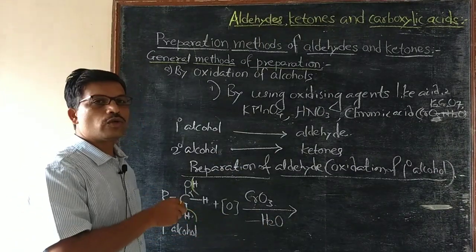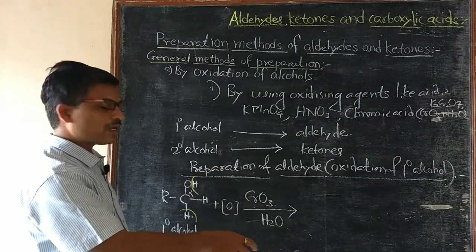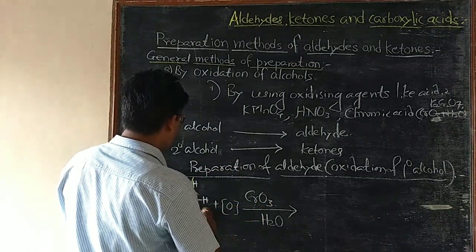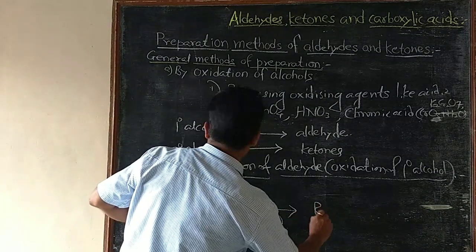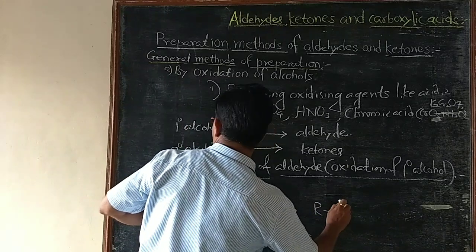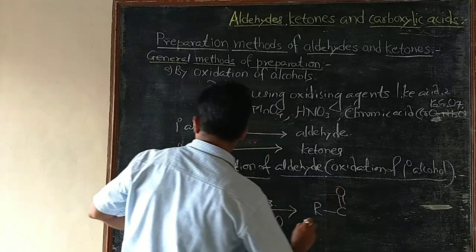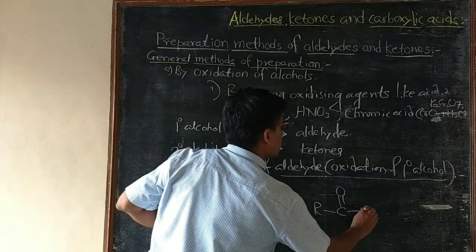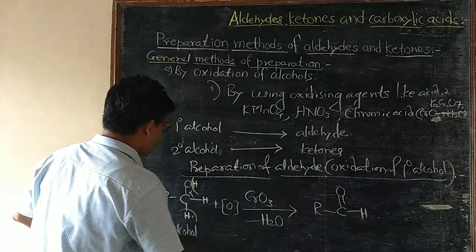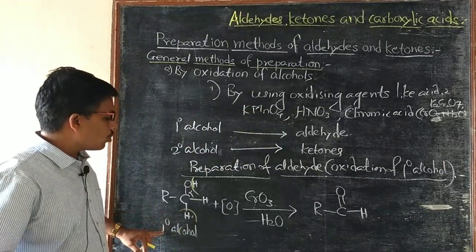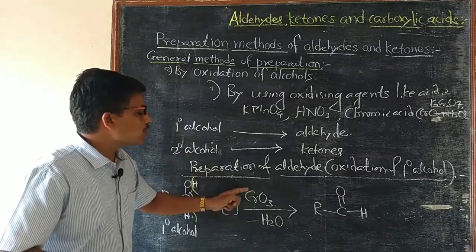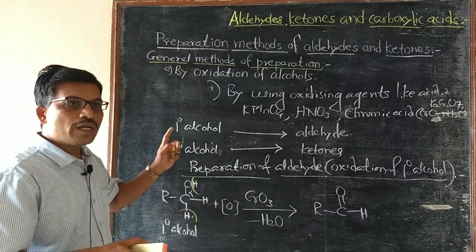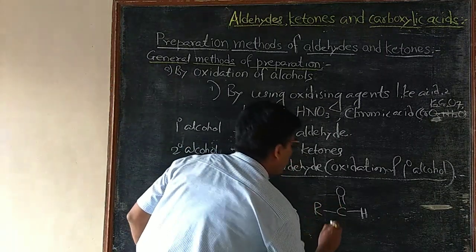And what we have left is our desired product, that is aldehyde. Here R C double bond O and then H, it is aldehyde. That is, primary alcohol on oxidation by using chromic acid gives its corresponding aldehyde.